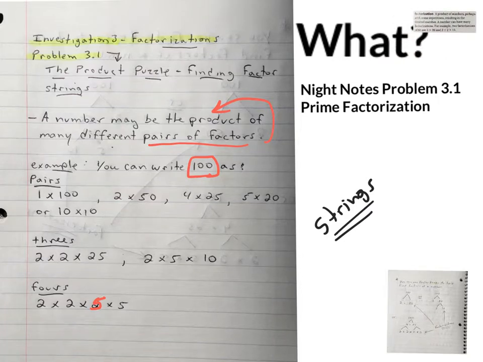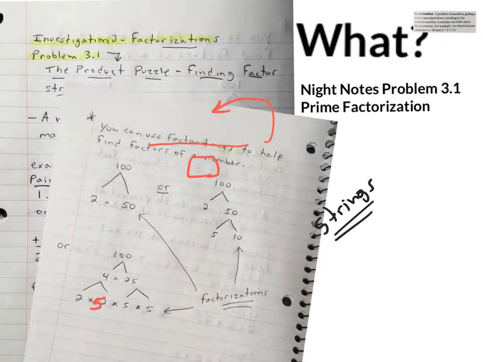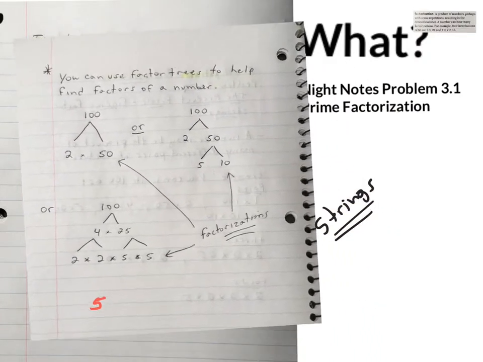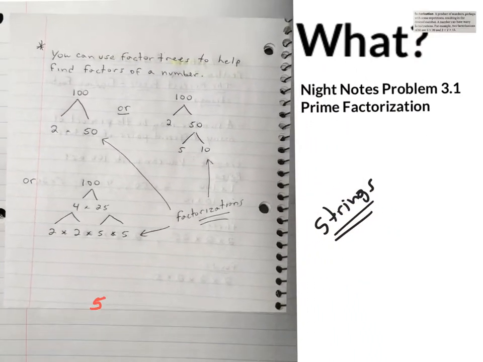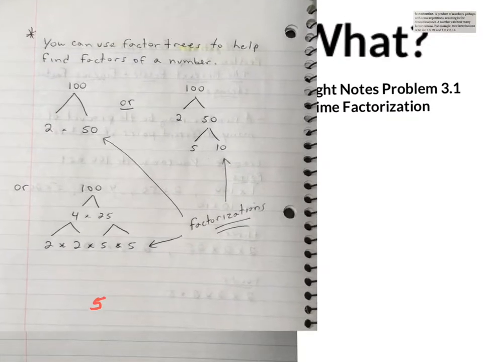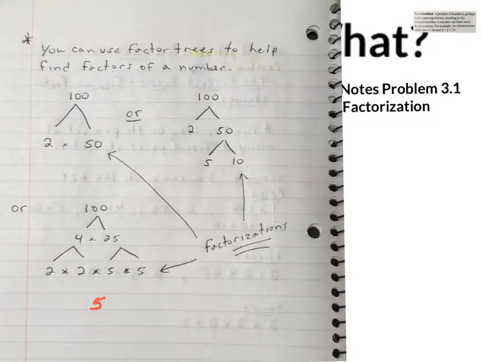Now, grab this one. Let me get rid of this, so it's not in the way. You can use factor trees. One of the neat things about learning about factorizations is you can use these things called trees. And I think students typically like this. It's kind of fun.